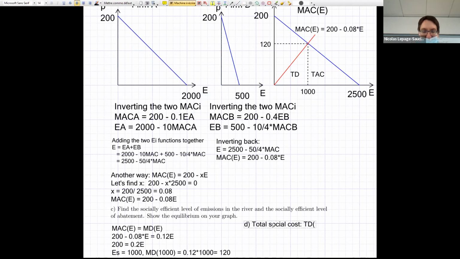Total damage at 1000 plus total abatement cost at 1000. Yeah, you have to sort of remember how you compute these things. So what we mean by total social cost.